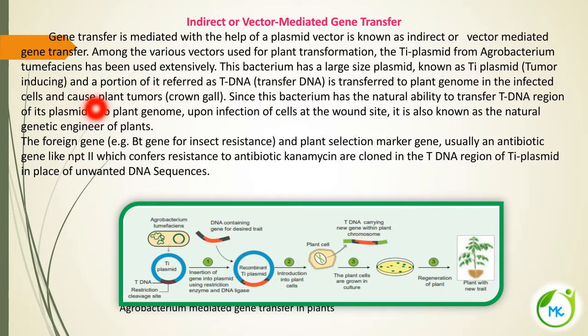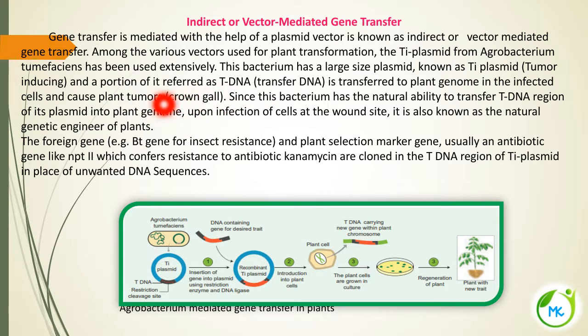Already we have learnt about this plasmid, and it also contains a DNA segment referred to as transfer DNA, which is transferred to the plant genome in the infected cell, and due to this it is going to cause a tumor, the crown gall disease.